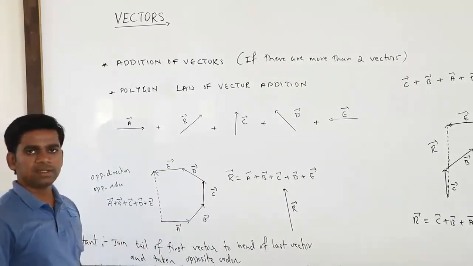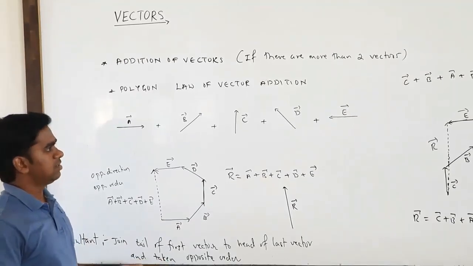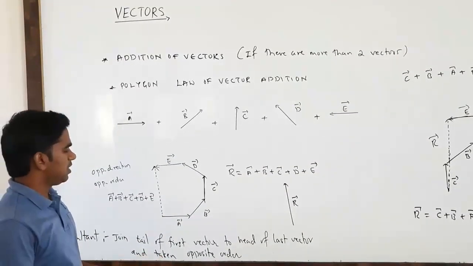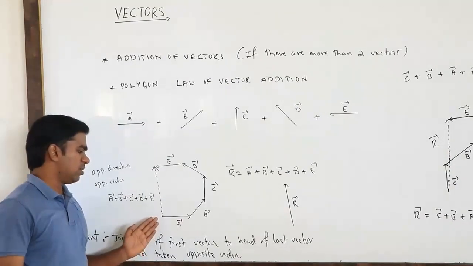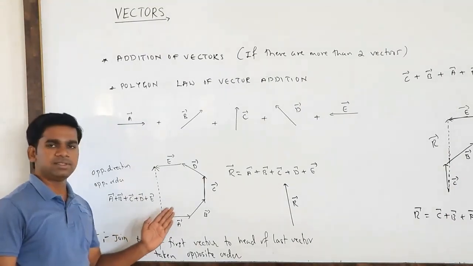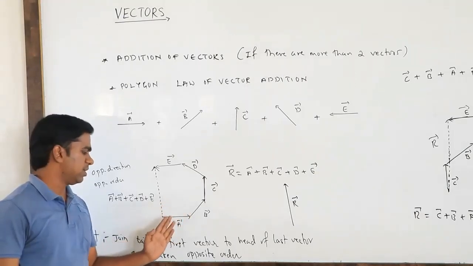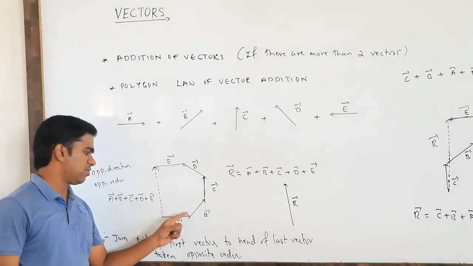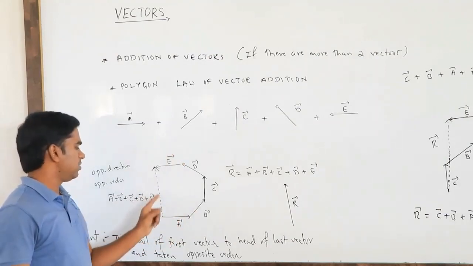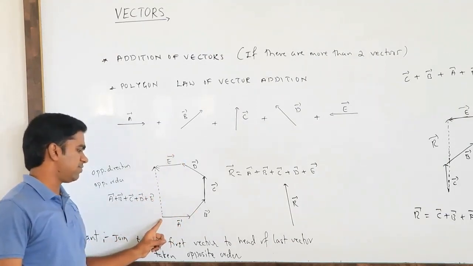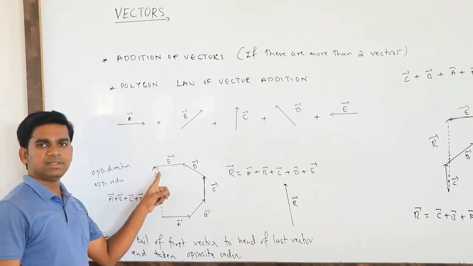So if they ask to state it, you can explain. Just place the vectors in the same order, with the tail of one vector joining the head of another vector. At the end, join the tail of the first vector to the head of the last vector.